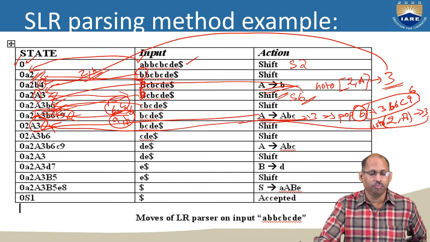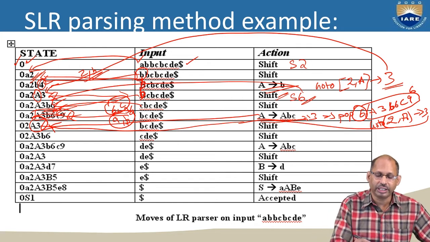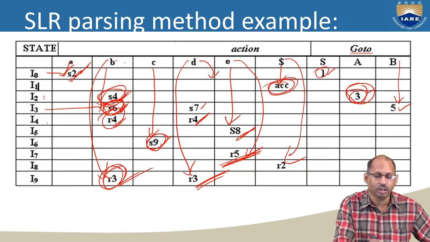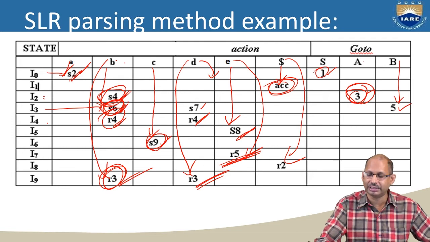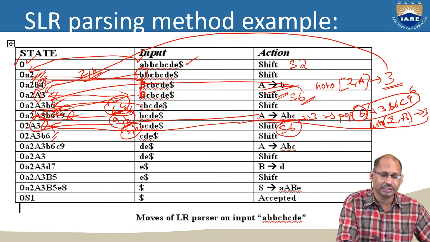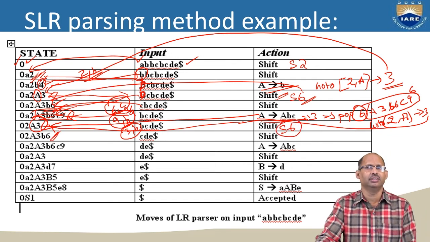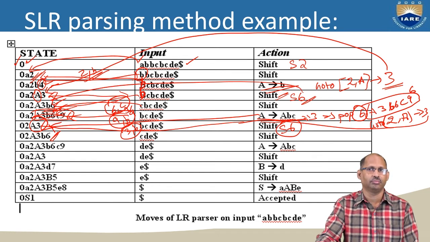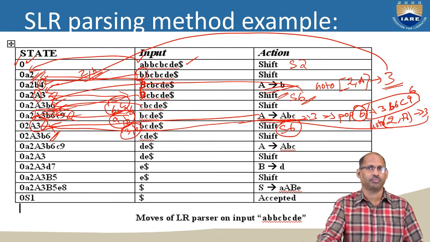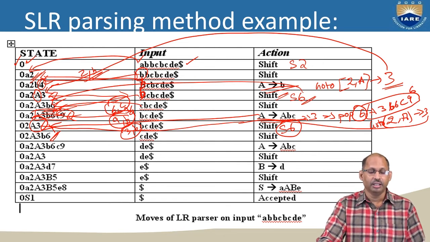Right? A3. Now consider 3 comma B. What is 3 comma B? 3 B is S6. Shift and 6.